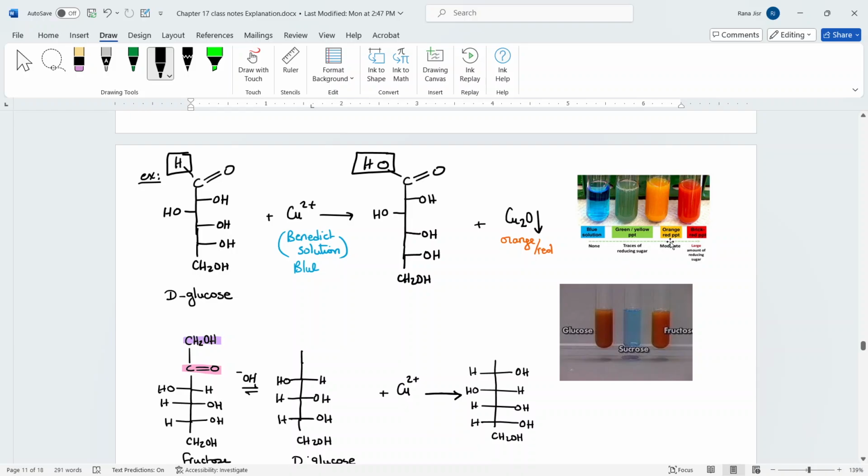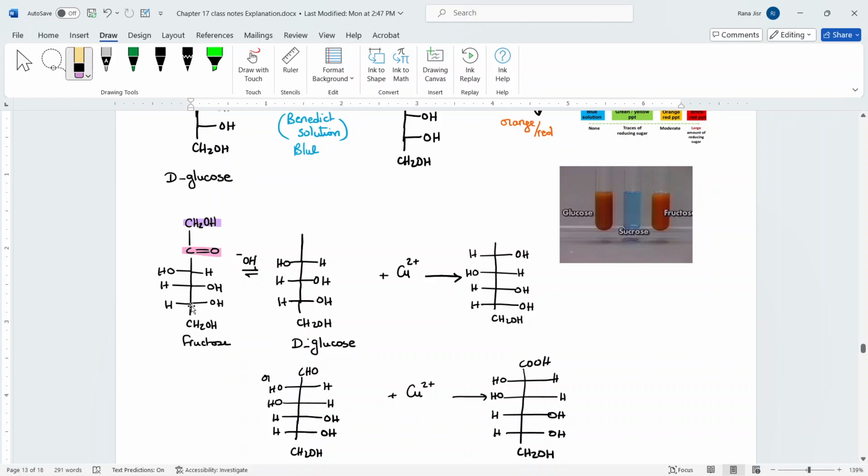If you have an orange-red precipitate, then you have a moderate amount of reducing sugar. To get a good amount of copper oxide, which is a brick red precipitate, this means that I have a large amount of reducing sugar. So these are the 4 different color variations that tell you exactly the quantity of reducing sugar that you are starting with.